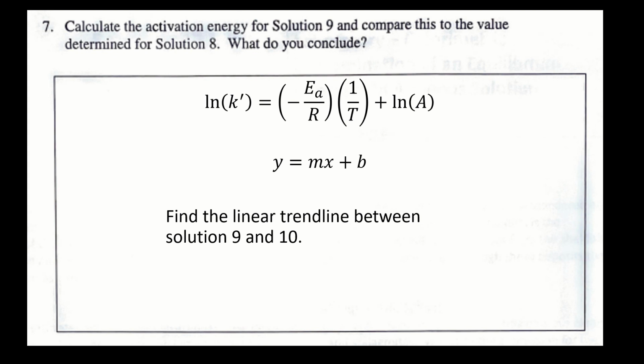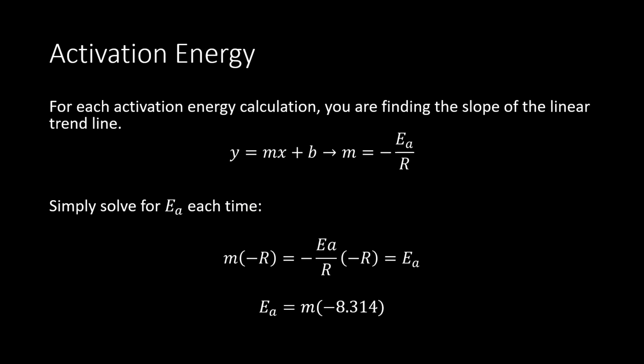Solution 10 because that is at a different temperature and has catalyst, unlike solution 9. Whereas you can't use solution 8 and 9 together because they're at the same temperature. So just like before, use the rate constant for solution 9 and 10 and their temperatures, and as shown above, use those to get some trend line where the slope is equal to negative Ea over R.